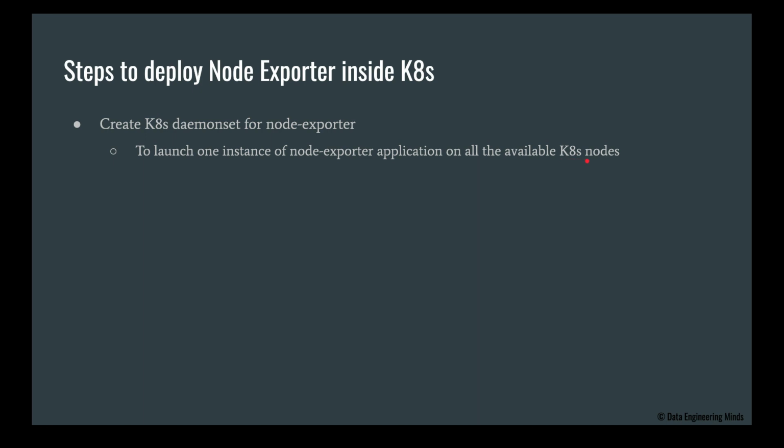So for example, if your Kubernetes cluster has 2 nodes, then deploying the NodeExporter application as a daemon set will make sure that 2 pods are created and running, one on each node. In the future, if you are adding one more node, then one more pod of the NodeExporter will be created and running inside the Kubernetes cluster.